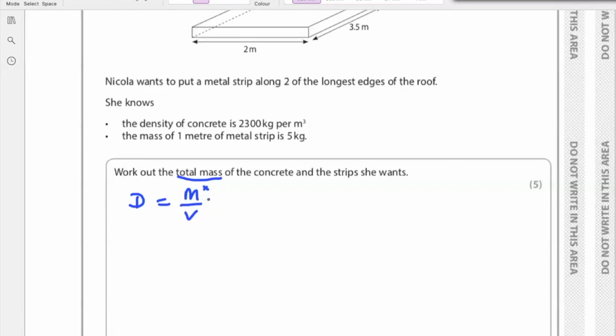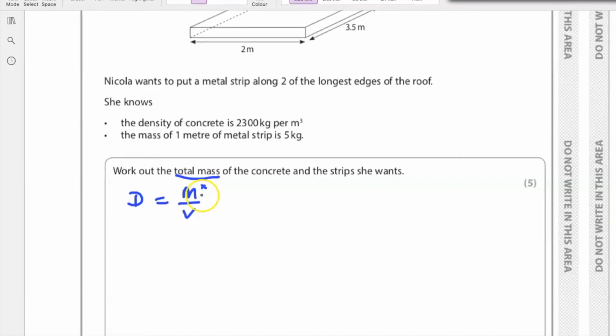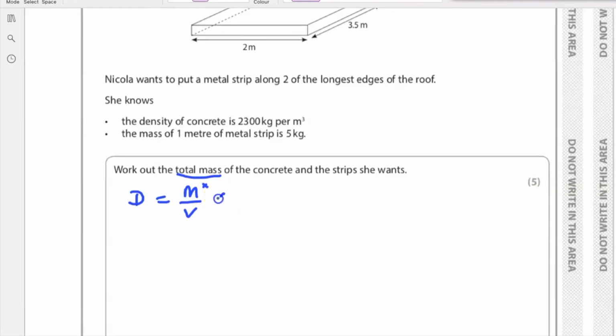We need to make sure that mass is by itself. We need to make mass the subject of this formula. To do that, we need to get rid of the volume. We times this side by volume and times this side by volume.